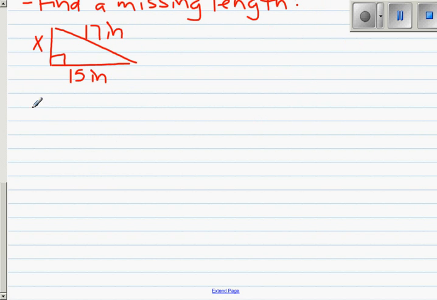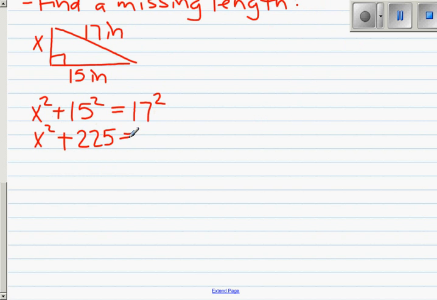Since x is a leg, we do x squared plus the other leg, 15 squared. And we know it's a right triangle, so we say that equals the hypotenuse squared. So we still have x squared, we don't know what that one is, plus 225, and that needs to equal 289. So subtract the 225 from both sides.